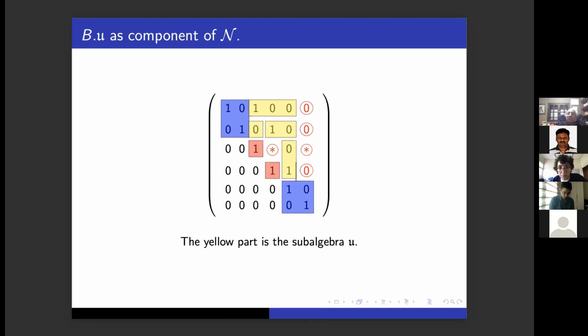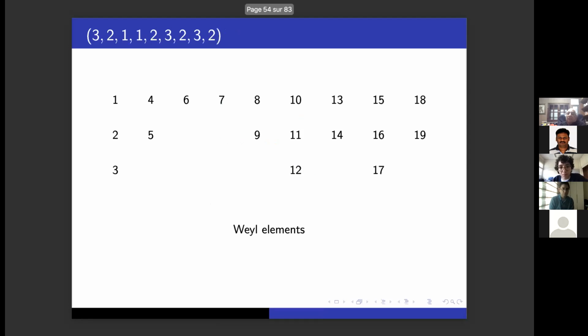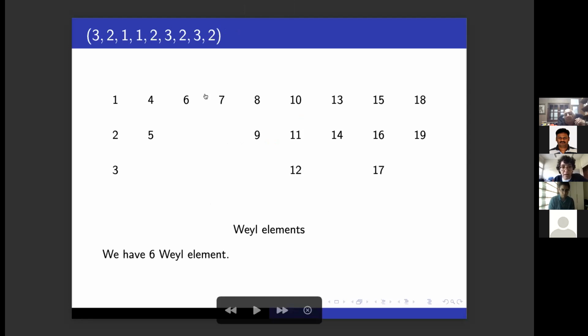Okay, I also want to check whether this construction works for SL19. Here I have 6 neighboring columns, which means I will have 6 Weyl elements. I have an element coming from this pair of neighboring columns: I take 7 and put it under 6. I do not have any obstacle.